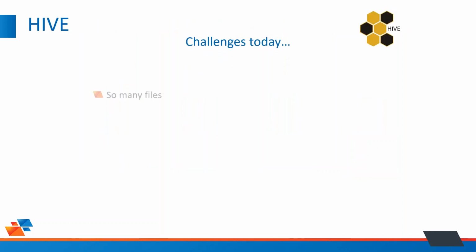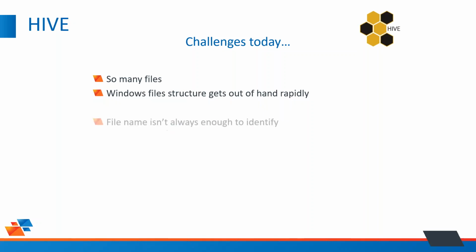Some of the challenges without HIVE are that there are many files out there, and Windows file structures that not a lot of people are sure of. They're always wasting time looking for the right family or the right content.